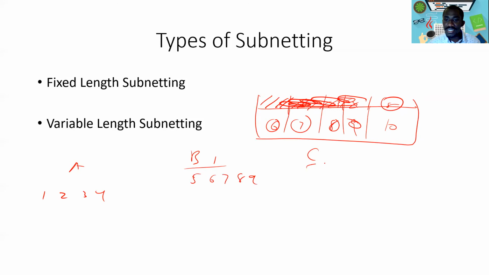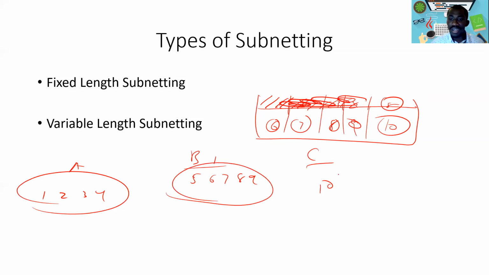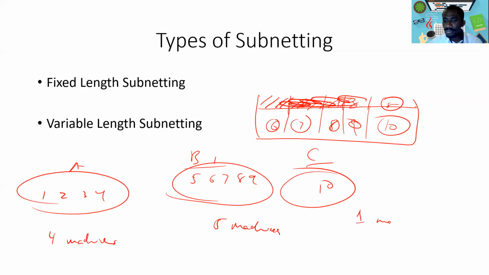And network C is just 1, the 10. So what you can see here is that for each network, we have a varying number of machines. For network A, we have 4 machines. For network B, 5 machines. And for network C, 1 machine.